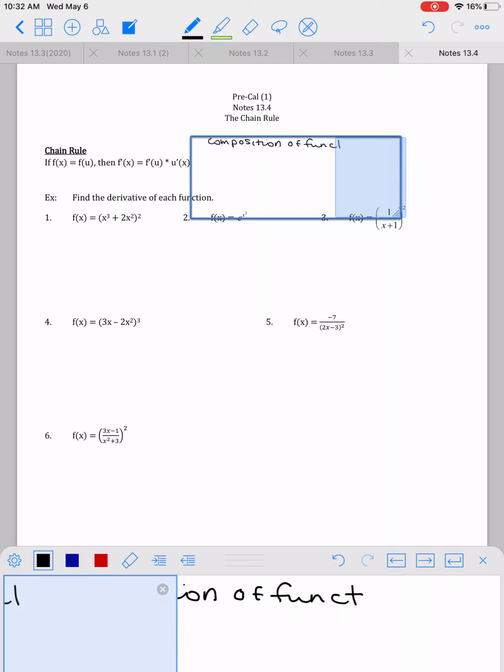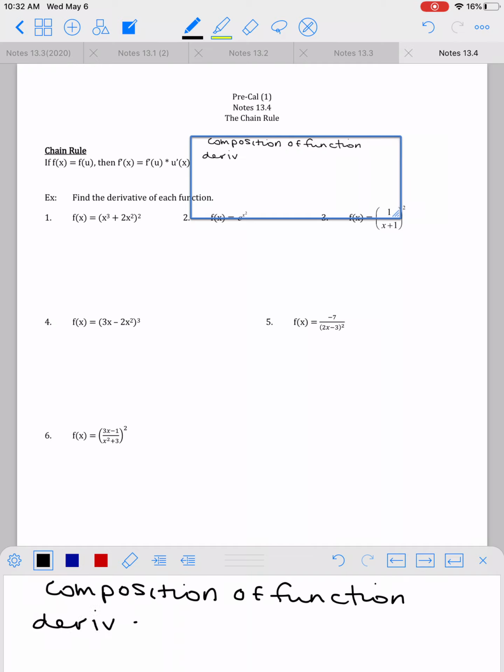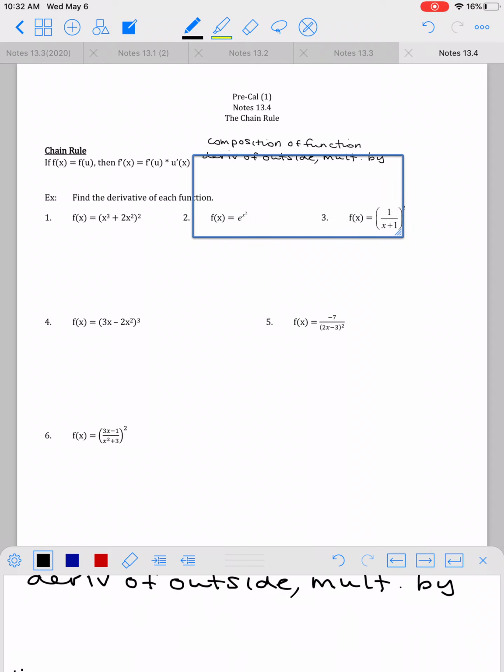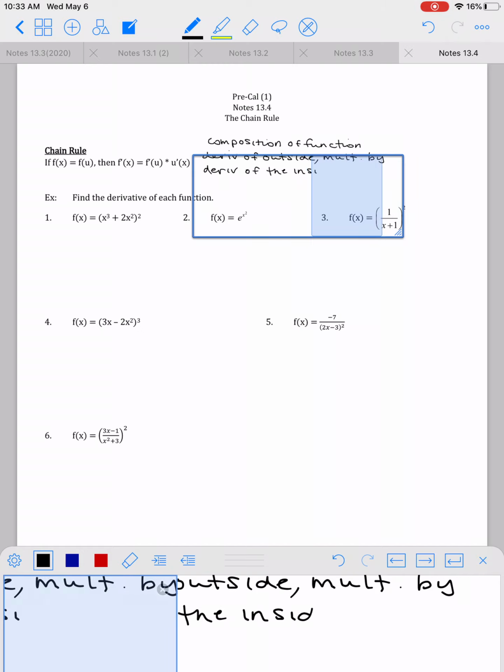So what the chain rule says is we're going to take the derivative of the outside and multiply it by the derivative of the inside. And I'm going to show you that basically through examples.